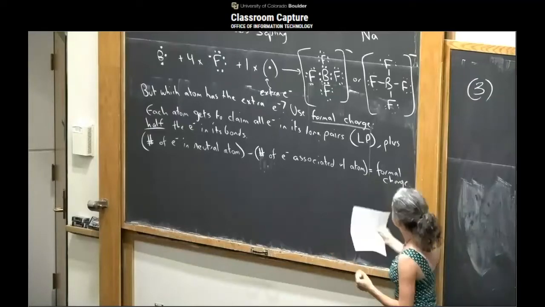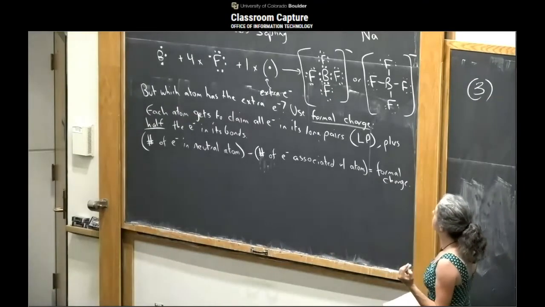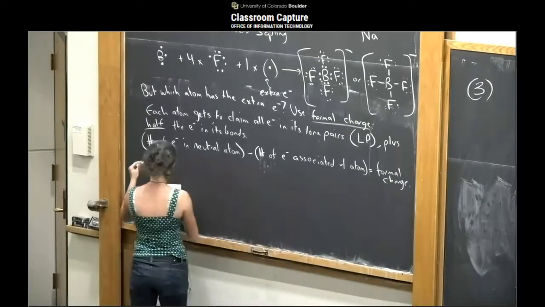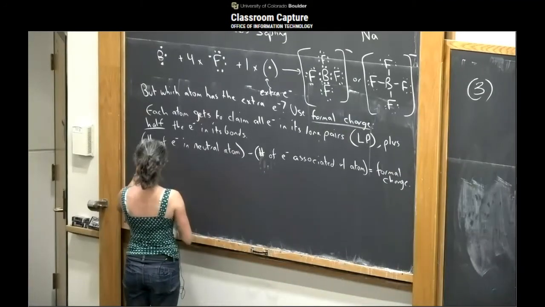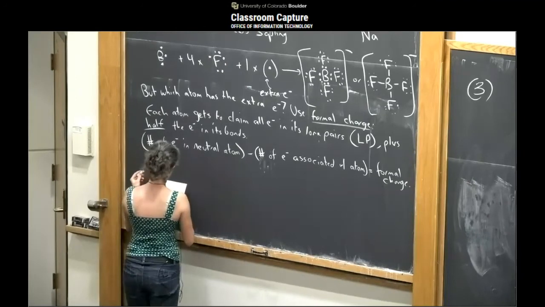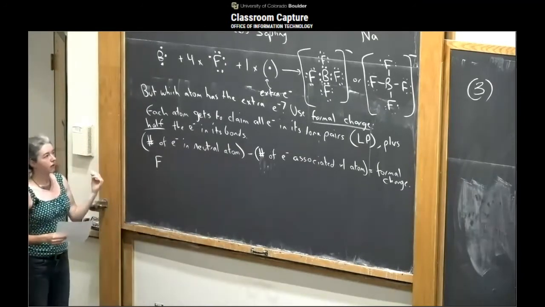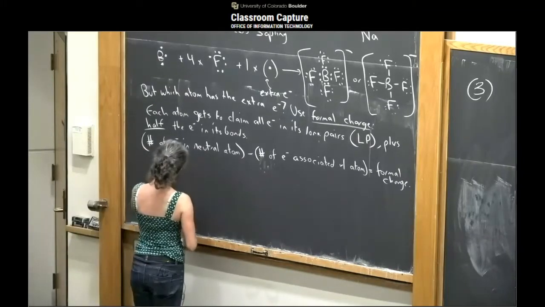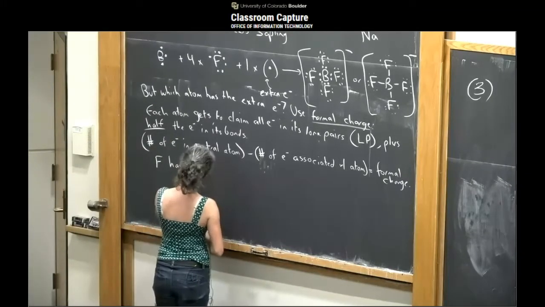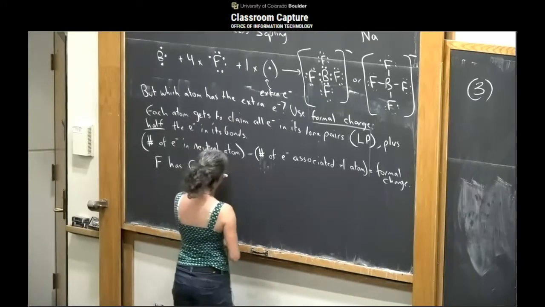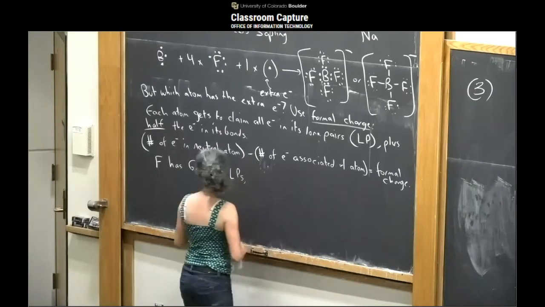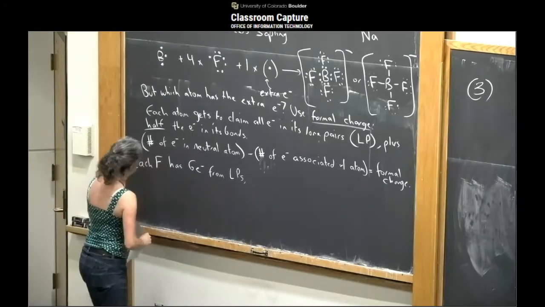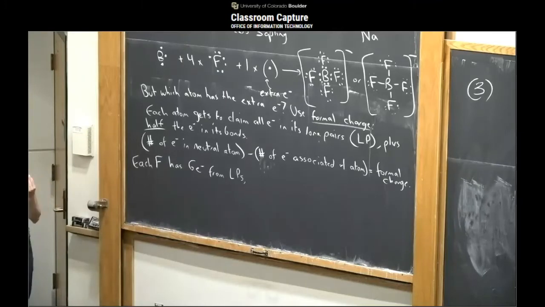For example, if we're looking at BF4 minus, tetrafluoroborate up here, fluorine gets to count 6 electrons out of its lone pairs, plus, sorry, I should put in each fluorine individually, because we're doing this one atom at a time.